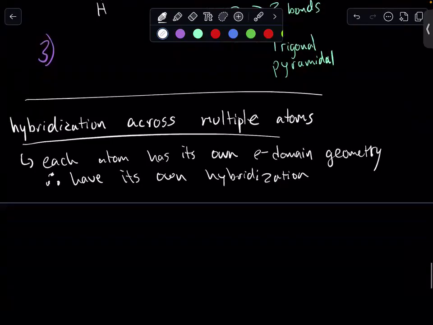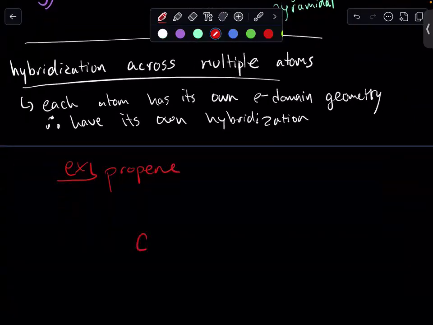So if we look at an example, such as propene, which looks like this: carbon, double bond carbon, single bond carbon, 1 hydrogen, 2 hydrogens, and 3 hydrogens. We actually have 3 different carbons and we have three different hybridizations.